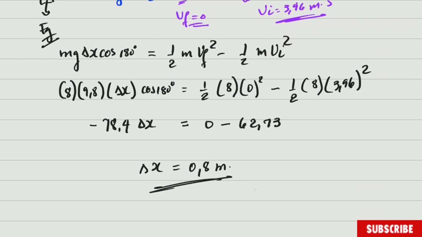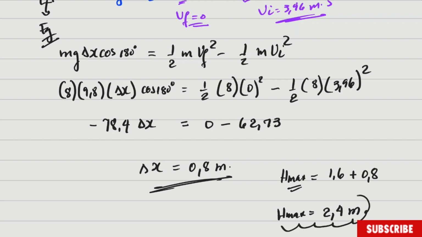So the maximum height, H maximum, is equal to 1.6 plus 0.8. That will be the final answer, and therefore the maximum height is equal to 2.4 meters. This is the maximum height reached by the block from the beginning up until the end of motion.